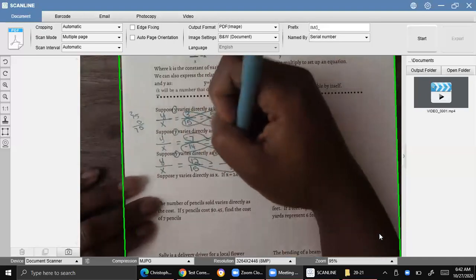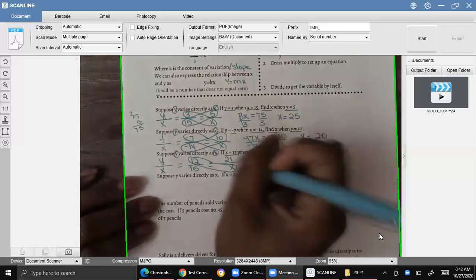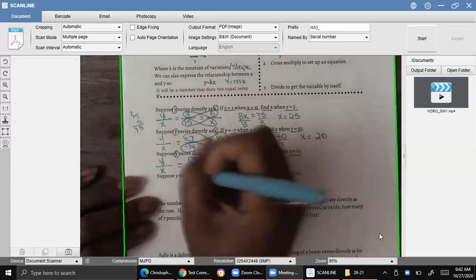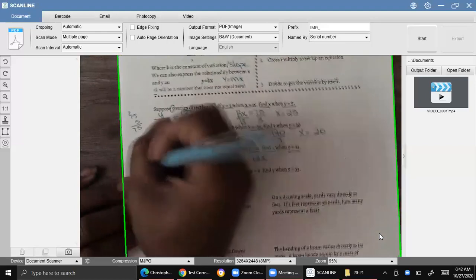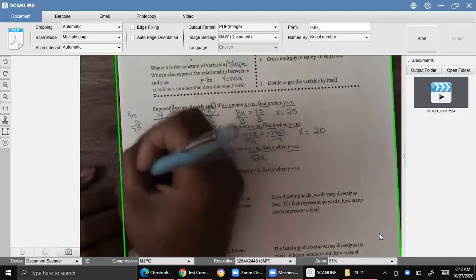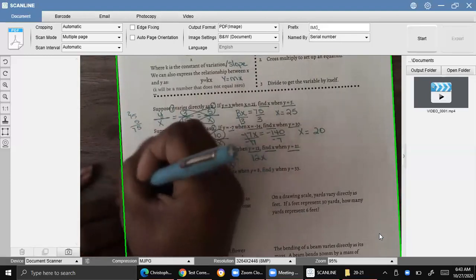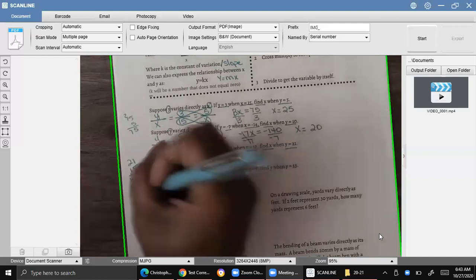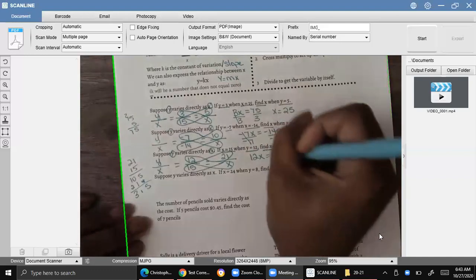Step 2, 12 times x is 12x. Anytime you multiply a number and a letter, you just combine them. And then 15 times 21, excuse me, is 315.